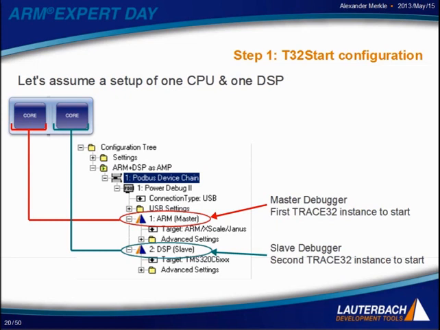And what I do now is I assign to this USB debugger two debug drivers, two PowerView instances. One for the ARM instance, I will later use for the first core of my chip, and one for the DSP, the second core of my chip. So I assume now here that I have one chip with a CPU and a DSP.